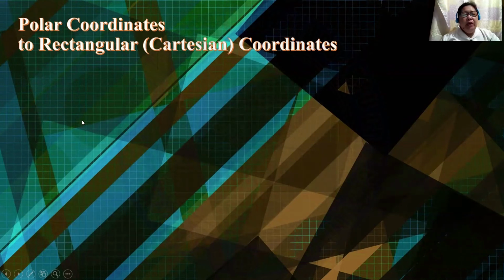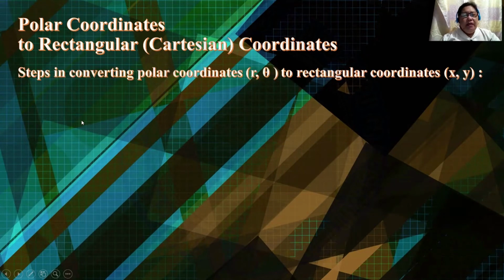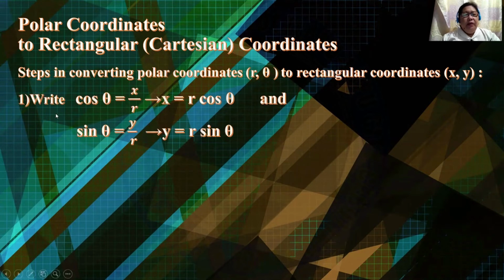Let us have polar coordinates to rectangular coordinates. The steps are, first you have to write cosine theta is equal to x over r, which will give us x is equal to r cosine theta, and sine theta is equal to y over r, which will give us y is equal to r sine theta.